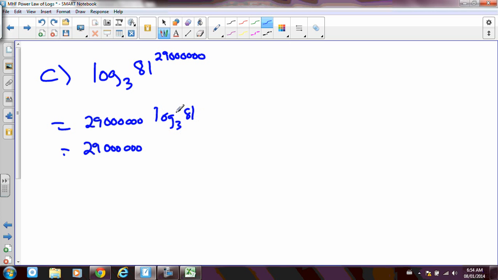Again, this question is basically asking me what is the exponent on 3 that gives me an answer of 81? So 3 to what exponent gives me 81? And of course, the answer is 4. So I can multiply that by 4.